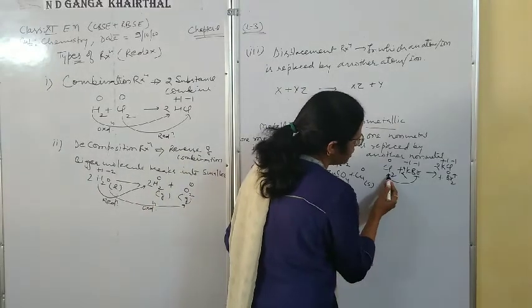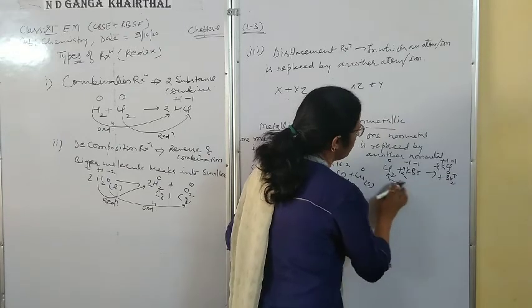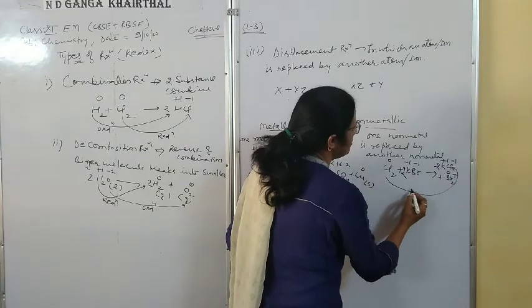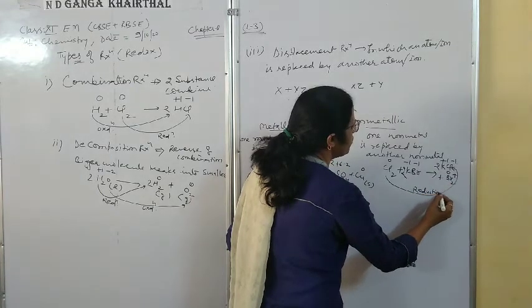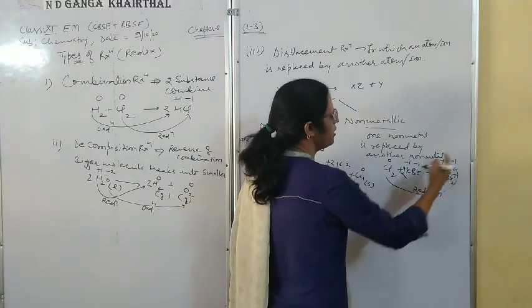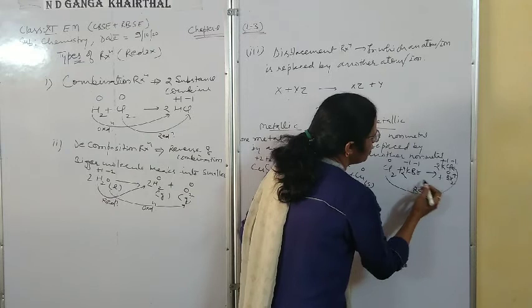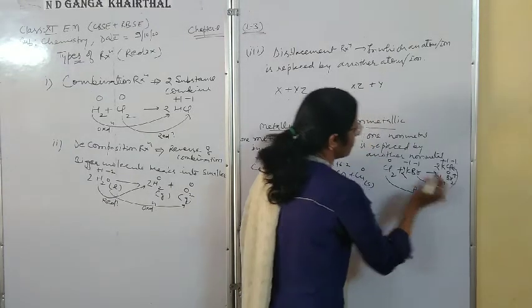So what's going on? The Cl2 oxidation number goes from 0 to minus 1. So the reduction of Cl is going on, because of the decrease in oxidation number. And in bromide, the oxidation number goes from minus 1 to 0, so here oxidation takes place.